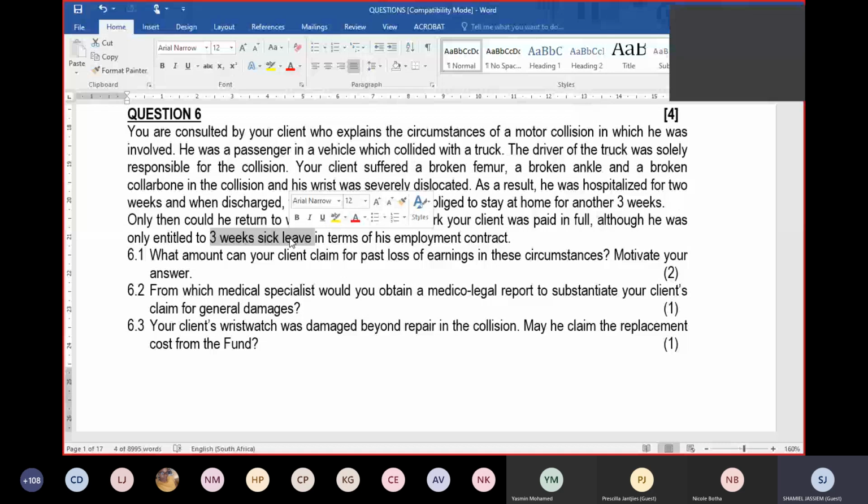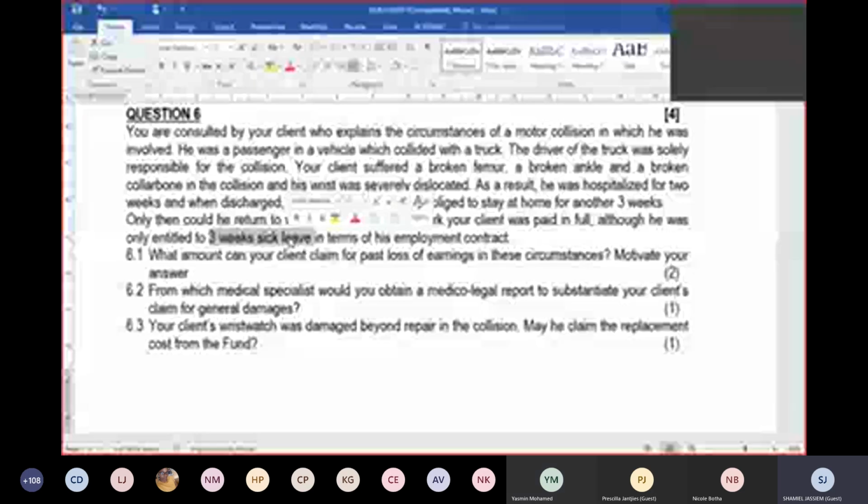Now, in terms of labor law, that is referred to as an ex gratia payment. Correct, an ex gratia payment. Ex gratia payments are not taken into consideration when quantifying claims.